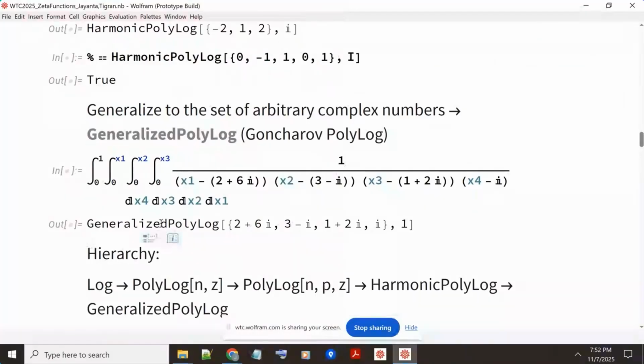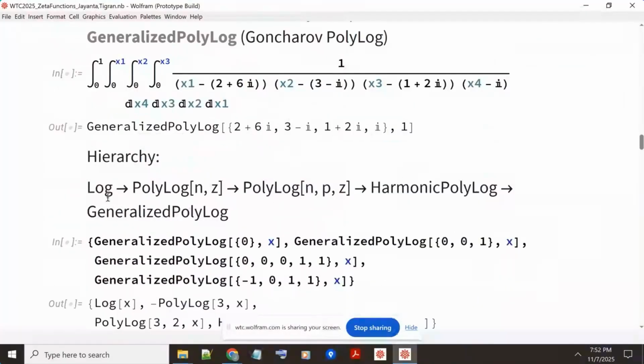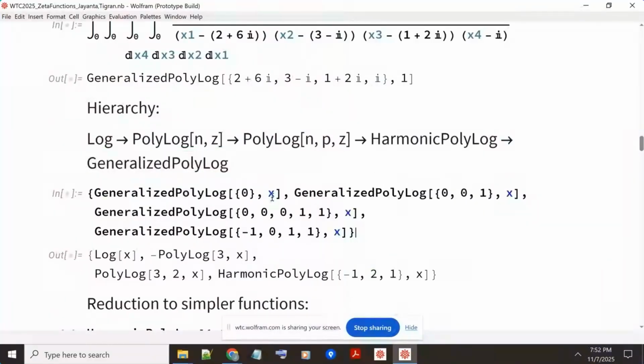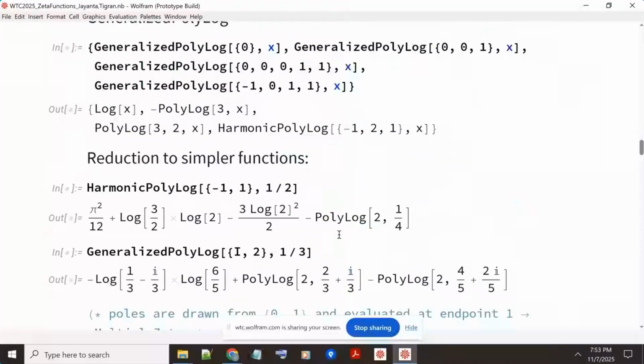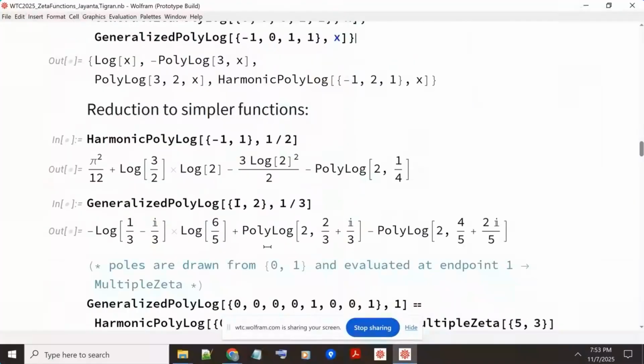So the hierarchy is that we have log, then 2-argument polylog, then 3-argument polylog, then harmonic polylog, and then finally generalized polylog. And generalized polylog can represent all of these: log, polylog, 2-argument, 3 arguments, and harmonic polylog.